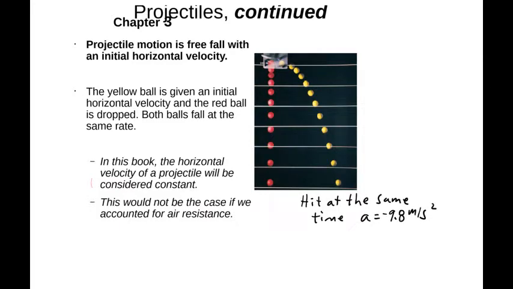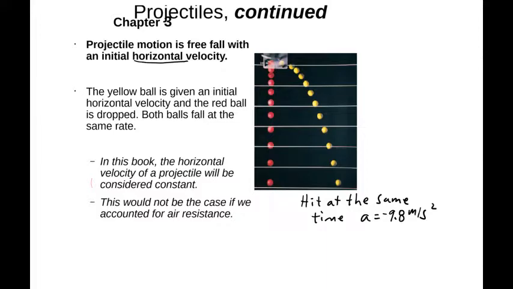And notice even the one that is launched horizontal. So the yellow tennis ball is still falling with a constant negative 9.8 acceleration, as is the one that is dropped straight down.